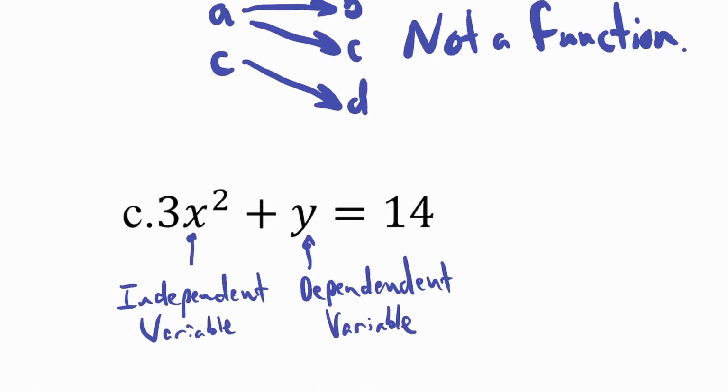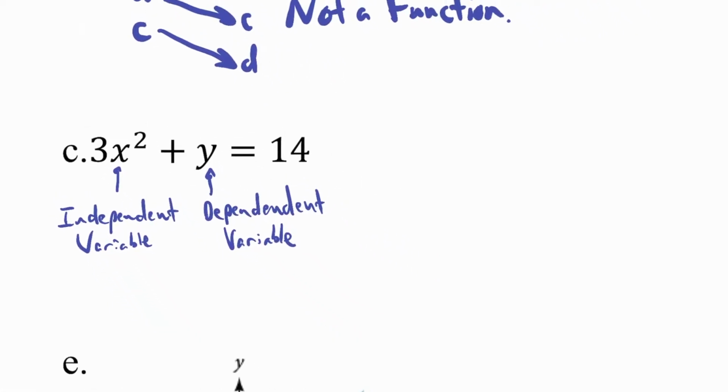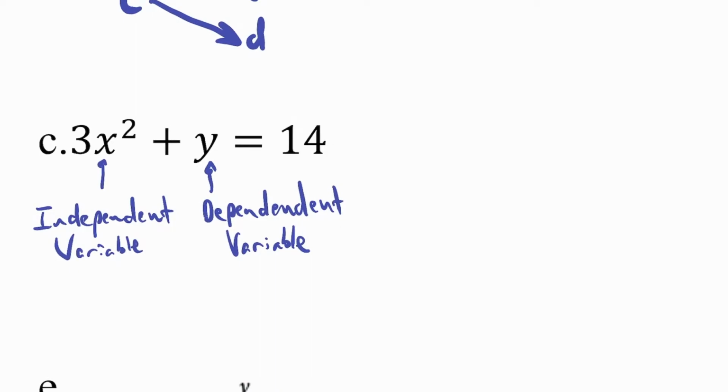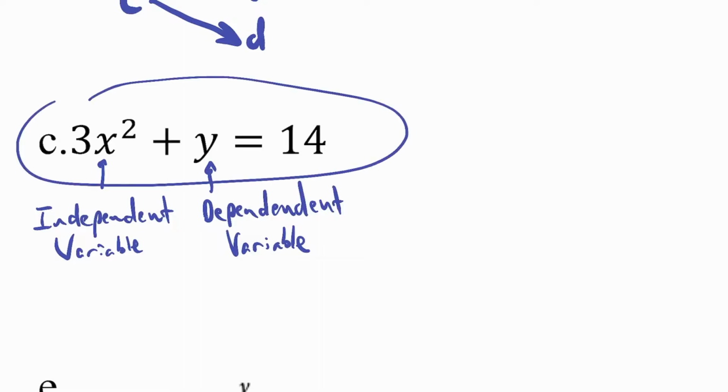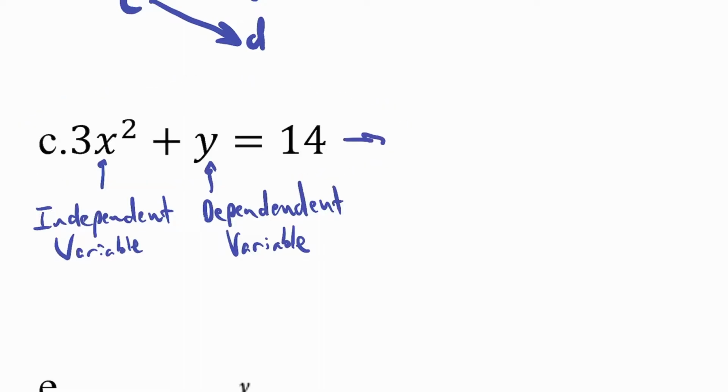Okay, so rather, are there any inputs that correspond to two outputs? Well, since x is the independent variable by default, I could say, can I pick one value of x for which there are two values of y that correspond? If I solve this equation for y and get y by itself, I'll subtract 3x squared on both sides, get y equals 14 minus 3x squared.